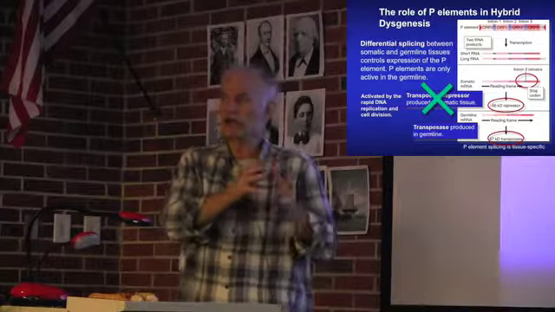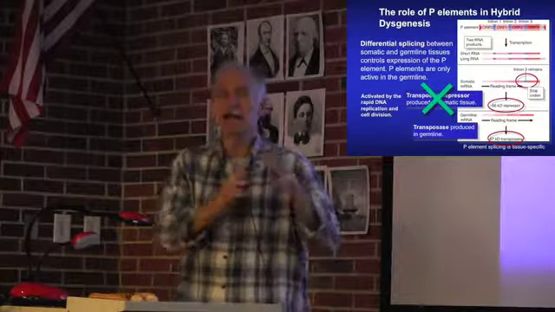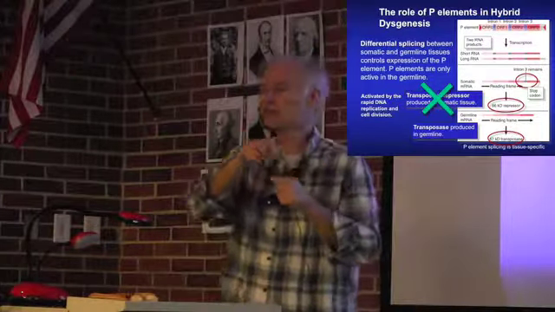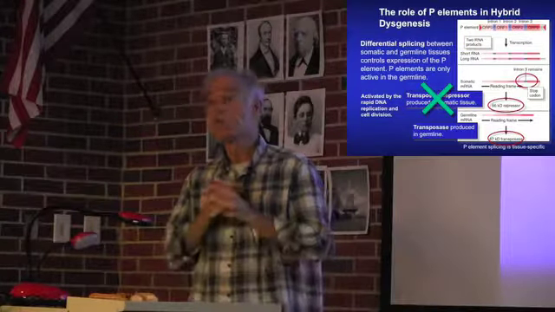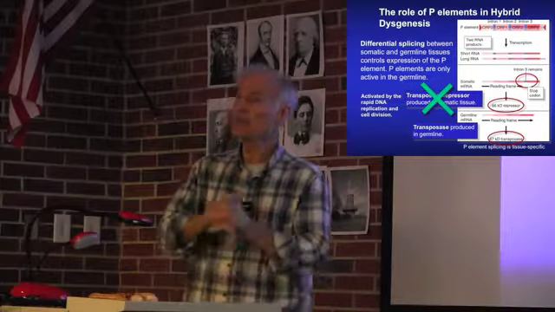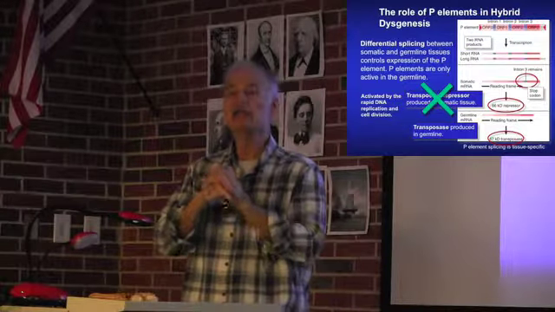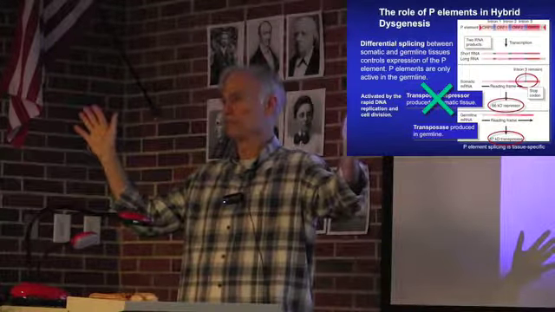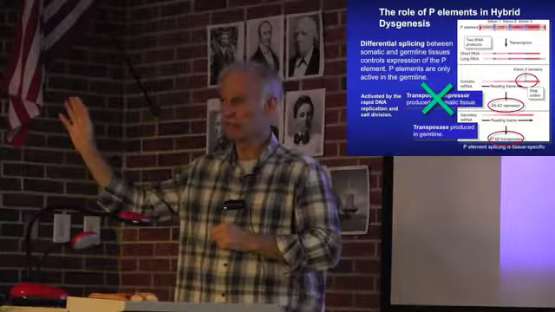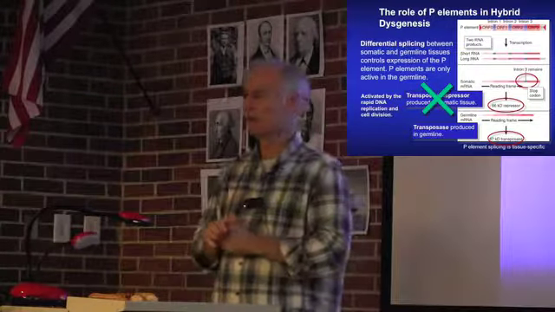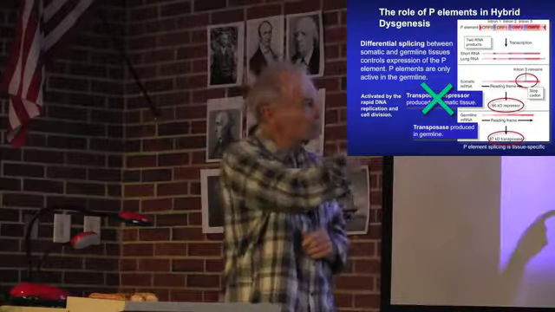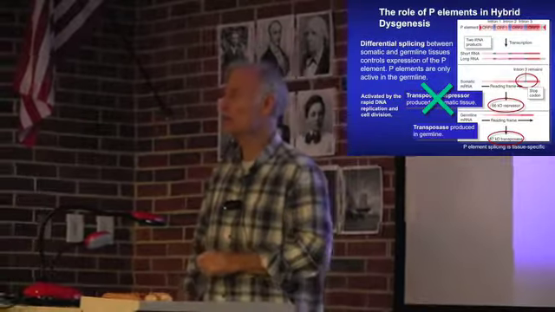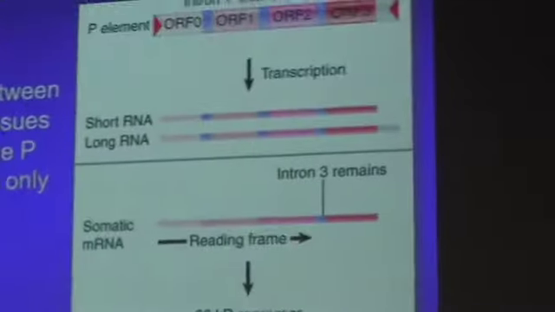Lots of proteins interact with RNA and have these domains that bind specific hairpins and loops and structures in RNA. Well, there is one that is only expressed in somatic tissues, that just by serendipity, pure accident, has affinity for intron 3 of the P element. It's just a pure accident.